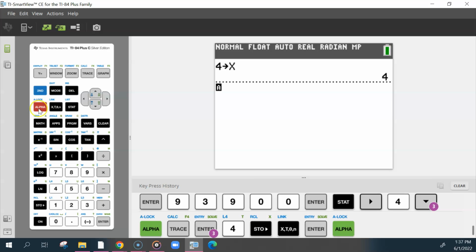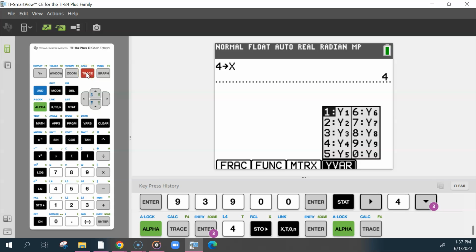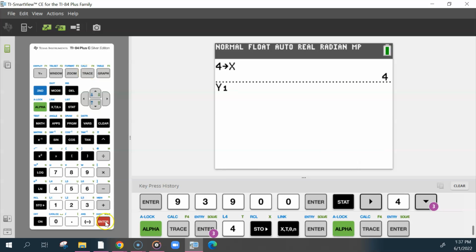So if I hit alpha trace and hit Y1 or enter, and then enter once more, it will put 4 in for X and solve that for me. This wants you to round to the nearest 100. So it'd be 130,100.